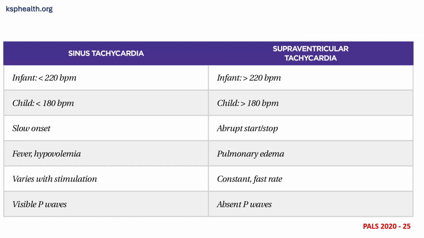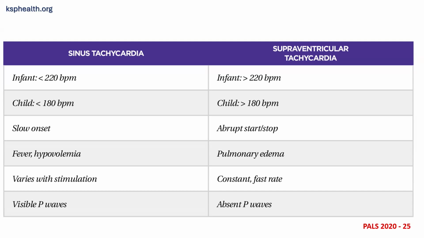In sinus tachycardia in infants, the heart rate is usually less than 220 beats per minute. On the contrary, in SVT, the infant will have a heart rate of more than 220 beats. In children, sinus tachycardia is less than 180 beats, and SVT is more than 180 beats. Sinus tachy is slow onset, SVT is abrupt onset.